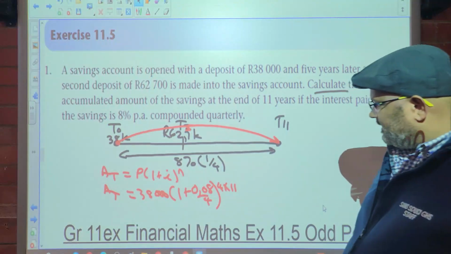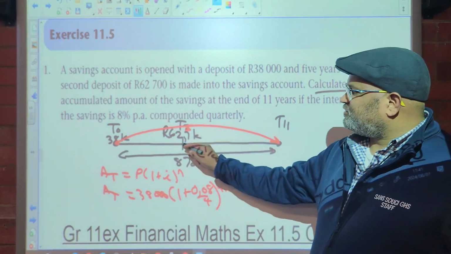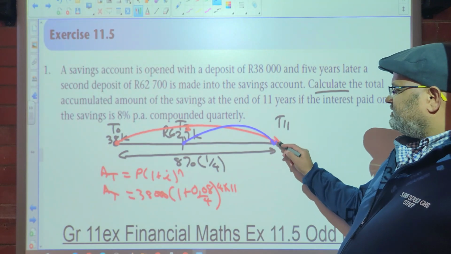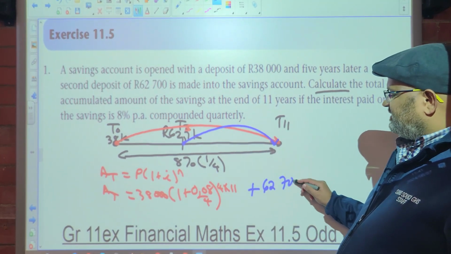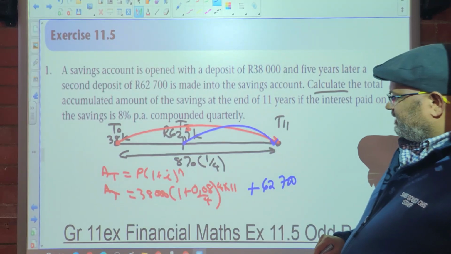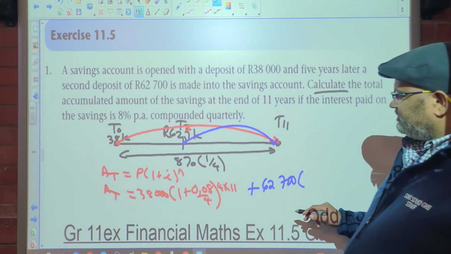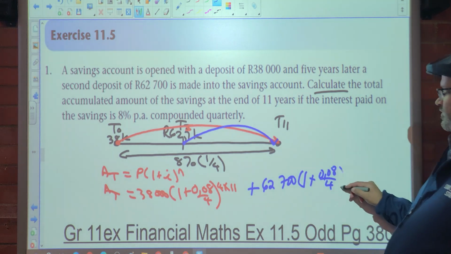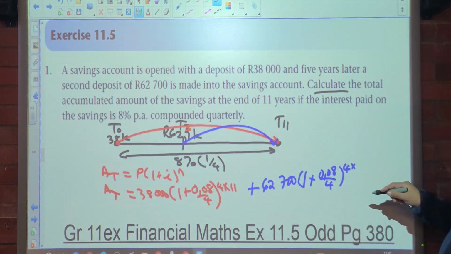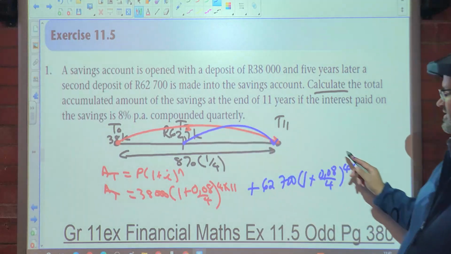Now I must take into account the 62,700 Rand to the end. So it's plus 62,700 Rand into 1 plus 0,08 over 4 to the exponent 4 times 6. That's 5 to 11, which is 6 years.